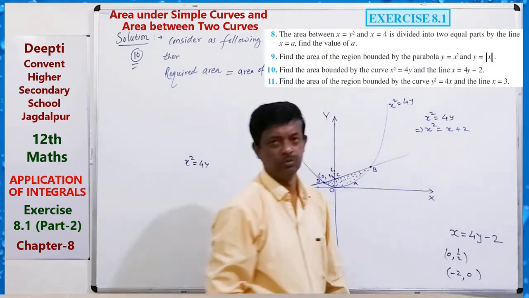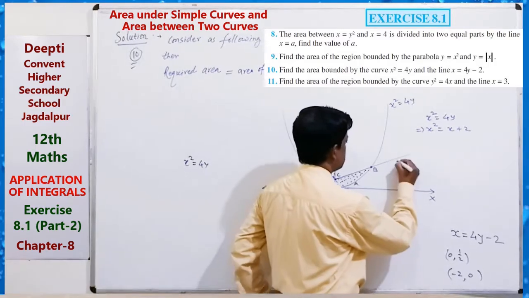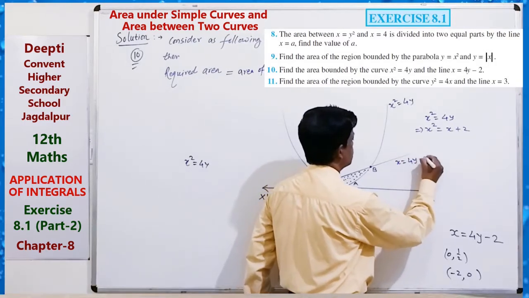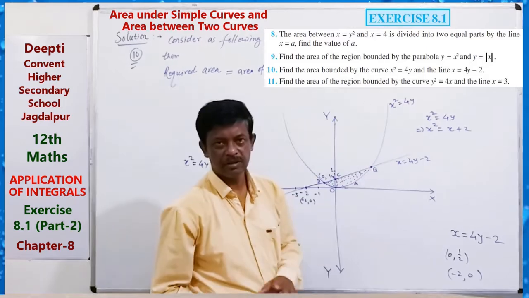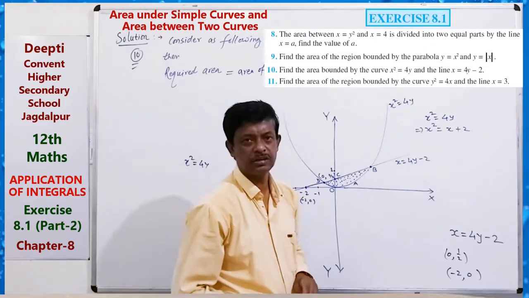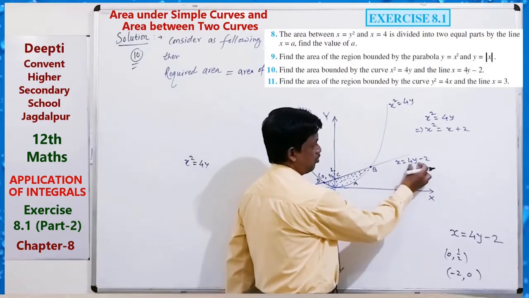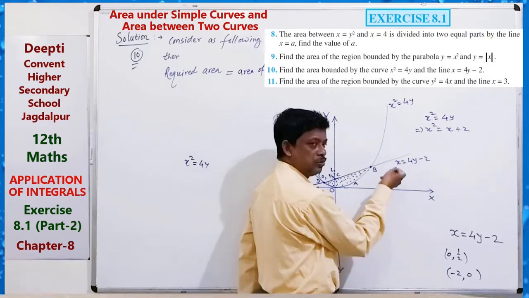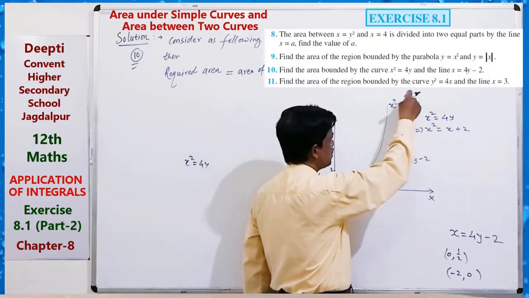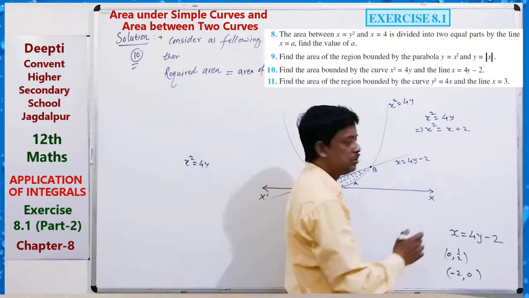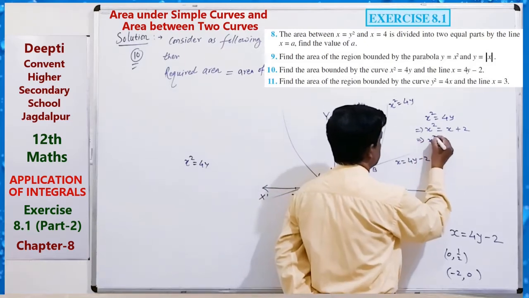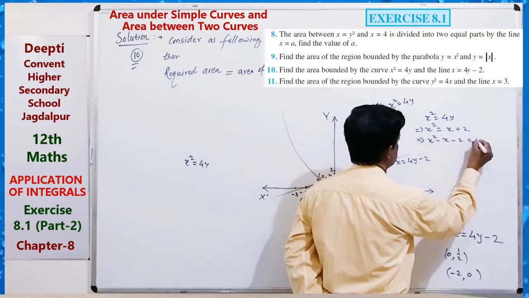Means solving these two. This line x equals to 4y minus 2, this curve. Solving these two equations, put from here 4y equals to x plus 2. So here in place of 4y we can put x plus 2. Now solve it. X square minus x minus 2 equals to 0.